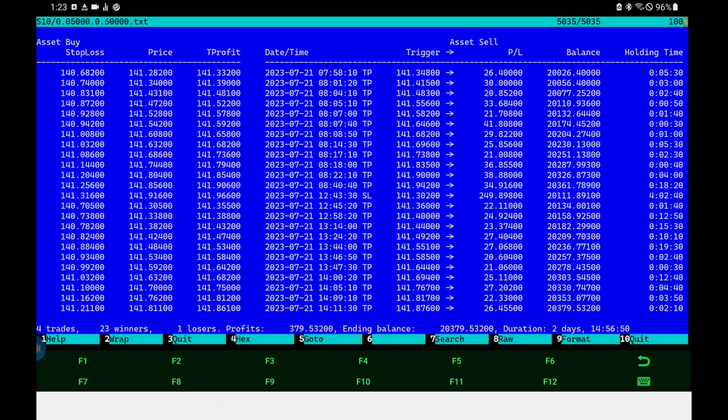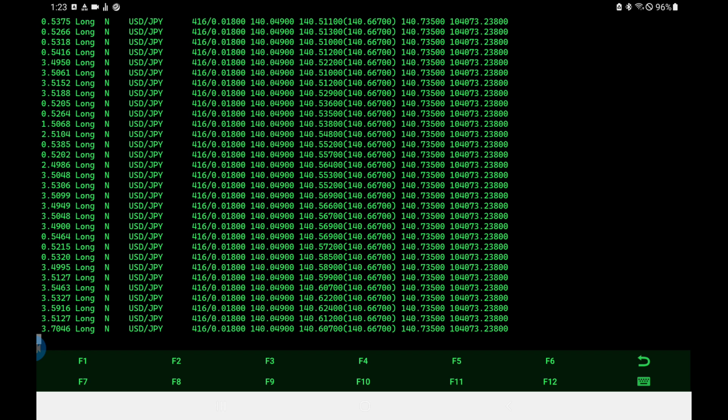So now that we have what we should expect, as you can see, the bot is running, and the first number in the very left part of the screen, or the first column, is the time it took to process and evaluate the information, the take profit, the stop loss, and so forth.